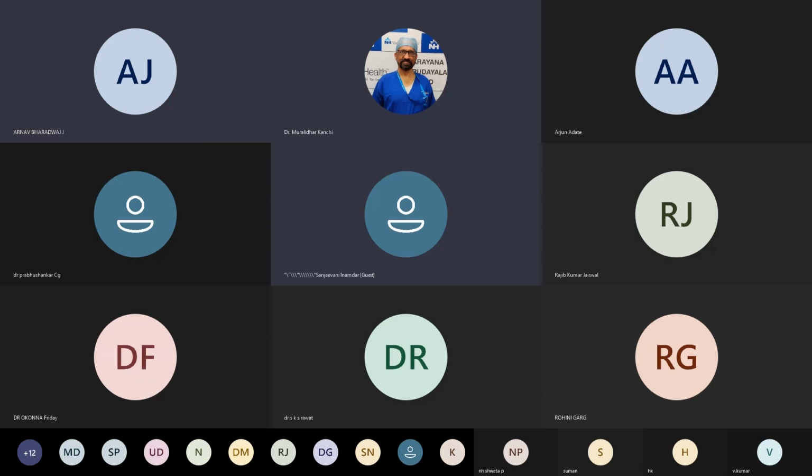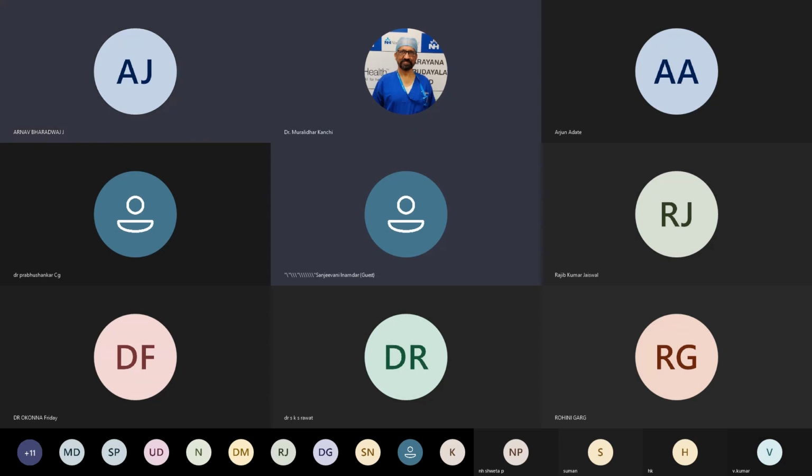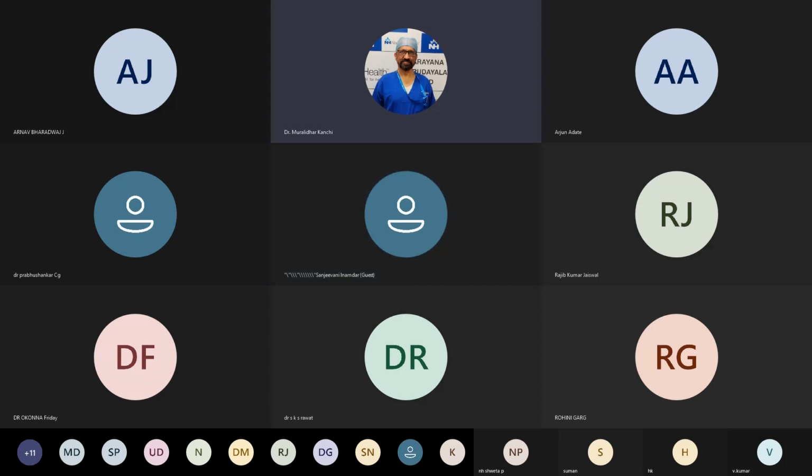So that is one more thing: with GLS coming in a big way, EF has already started failing long back. Yeah, I agree. GLS will help us to tell, see, the ejection fraction may be preserved, but the GLS may be depressed. So that is the beginning stage of LV dysfunction.